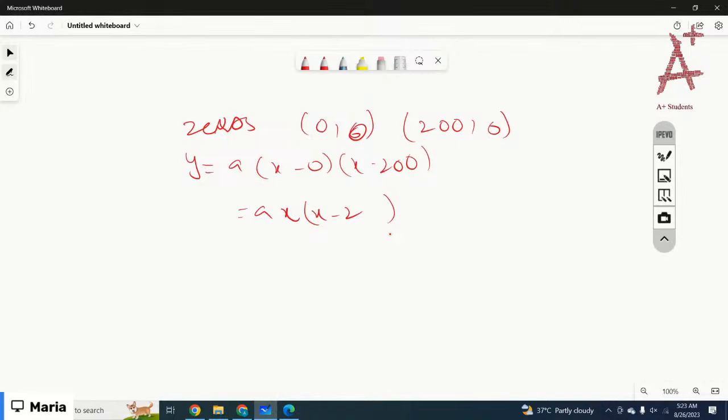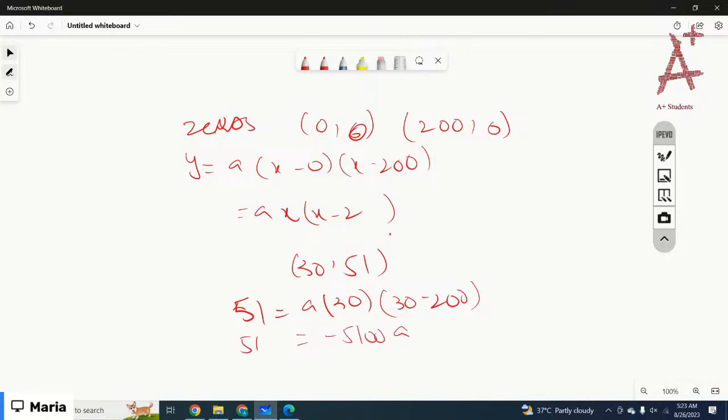So the bridge is 51 centimeters high at a point 30 centimeters horizontally from the bank. So let's just use the point 30 and 51, right? It would be 51 equals a times 30 times 30 minus 200. Negative 170 times 30 is negative 5100 a.